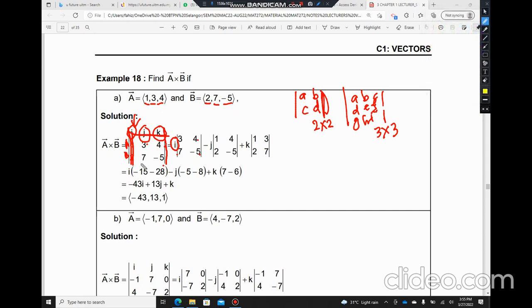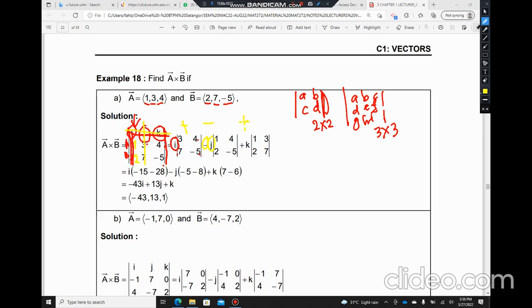Okay, so kita cross pula untuk yang ni J, second column. Still lagi sama kat sini. So dia akan tinggal 1, 2, 4, negative 5. So kat sini J, tapi kita kena gunakan simbol minus, sebab dia selang-seli. Tambah, tolak, tambah.